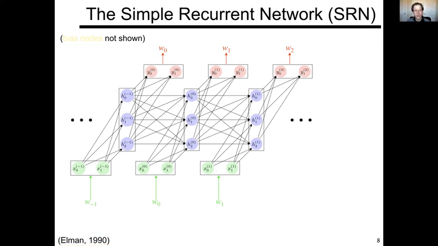Okay, so what is the representation and structure for a simple recurrent network? First of all, we have the input. So at time 0, a word comes in, and a word is going to be represented as a vector of node values, as you saw before, say for the neural n-gram language model.